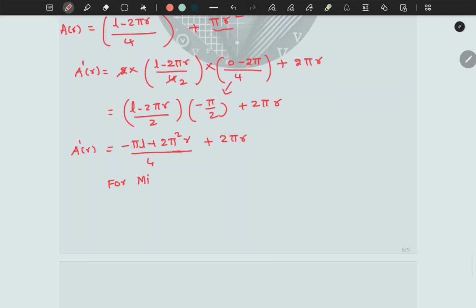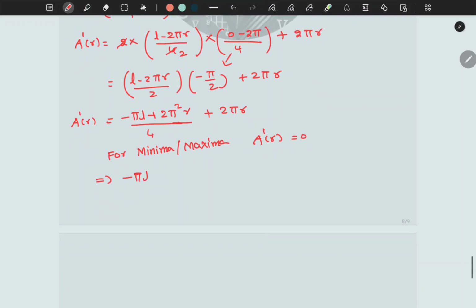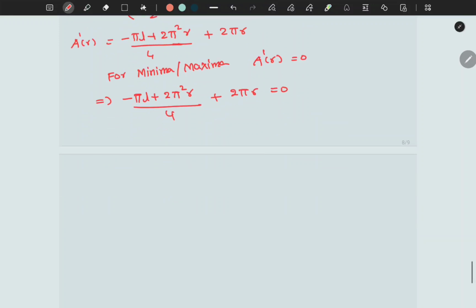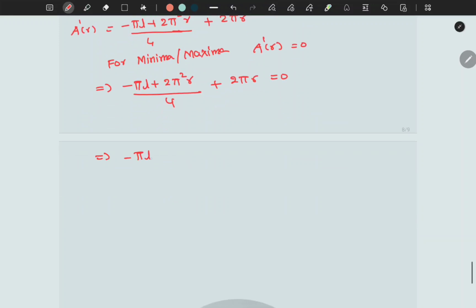For minima or maxima, the first derivative should be equal to 0. That means minus pi L plus 2 pi square R divided by 4 plus 2 pi R is equal to 0. Let us take the LCM. We get minus pi L plus 2 pi square R plus 8 pi R divided by 4 is equal to 0.